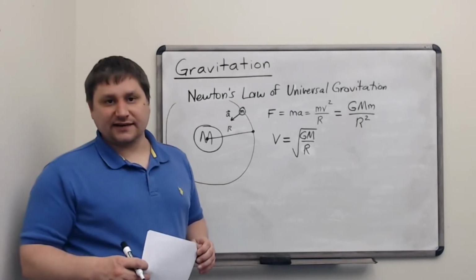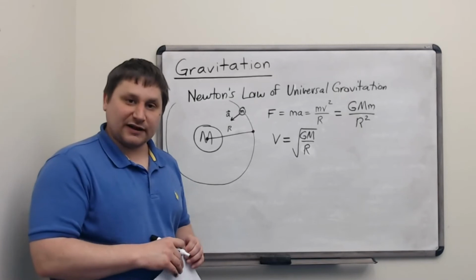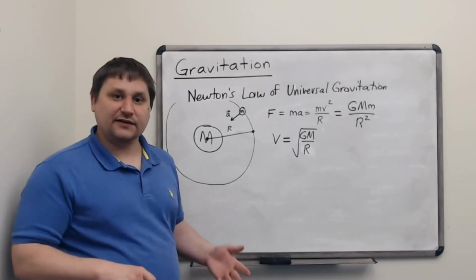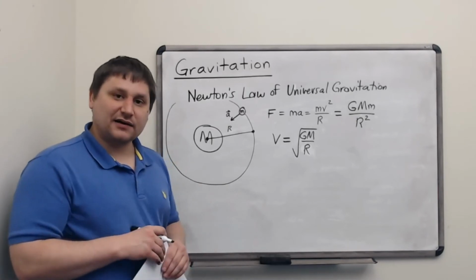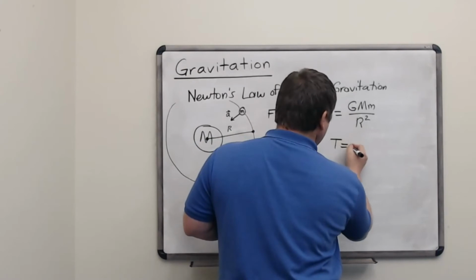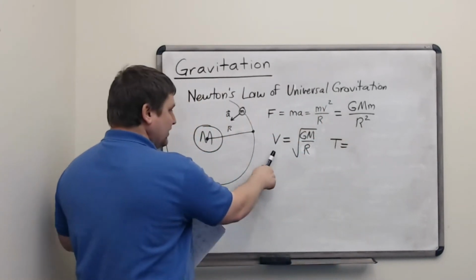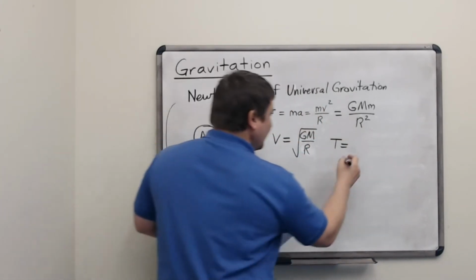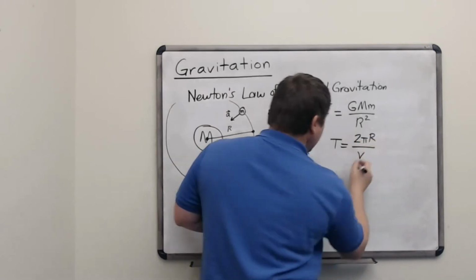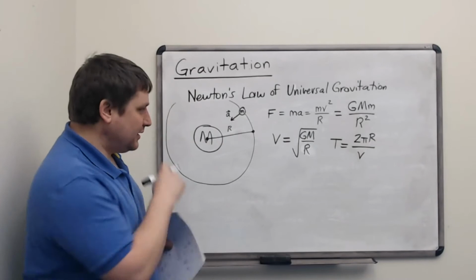Well, one way to test it is to look at some known orbits and to take a measurable quantity, their period, and compare it to our prediction. How do we get the period of an orbit? Well, it's moving in a circle at constant speed, so we just need to take the total distance it travels, which is the circumference, divided by the speed of motion.